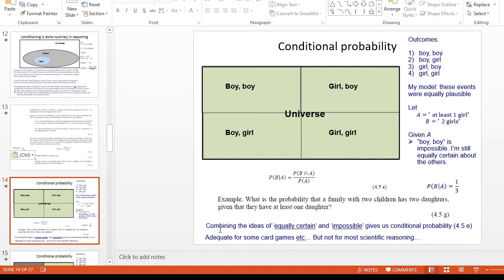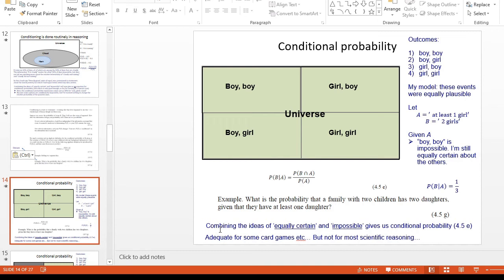And you should be able to sketch a Venn diagram of the universe of those four outcomes. And in your model, you might do what I've done in my basic model, and I would say these are equally plausible events. So this is one of the key ideas in probability theory: equal certainty, or situations about which we have indifference, a nice property.